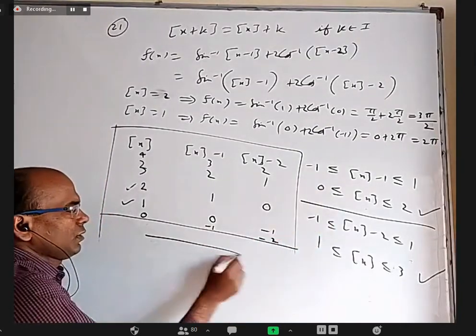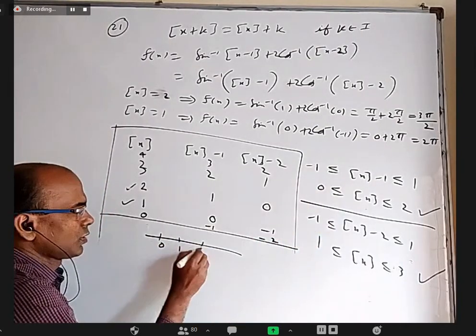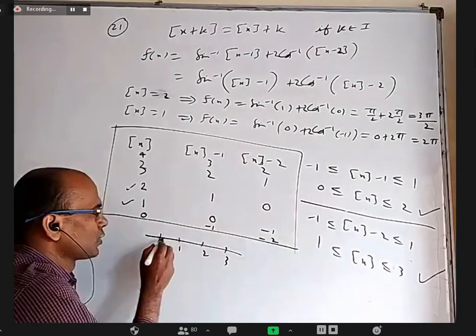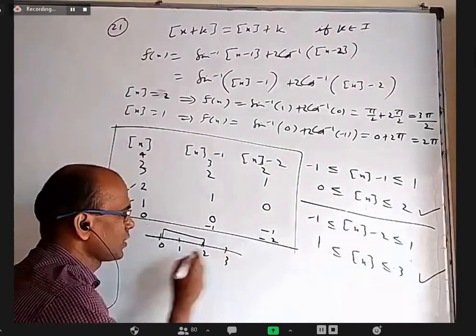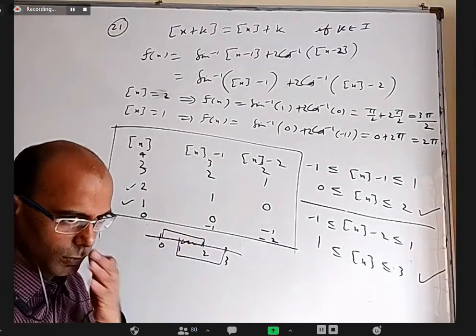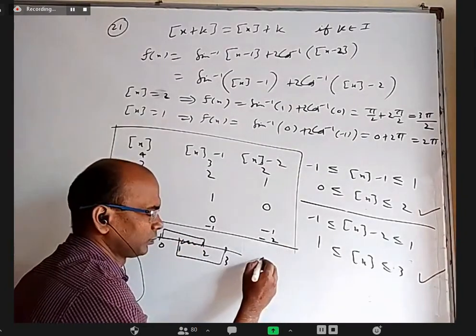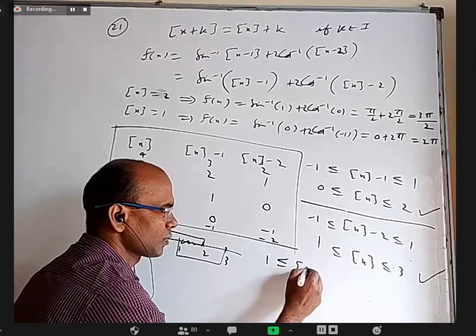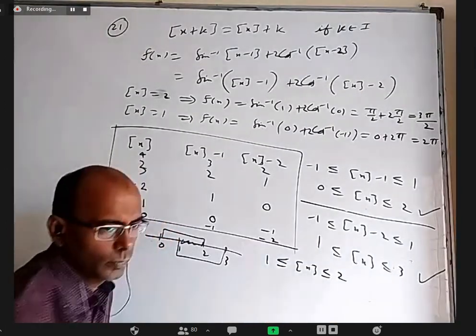When I take intersection, this is 0, this is 1, this is 2, this is 3. This says it should be between 0 to 2. This says it should be between 1 and 3. Then the intersection is it should be between 1 and 2.